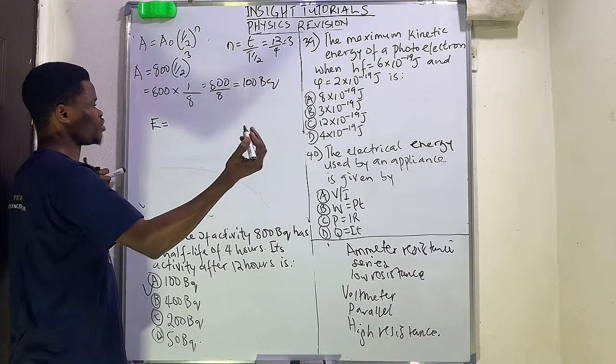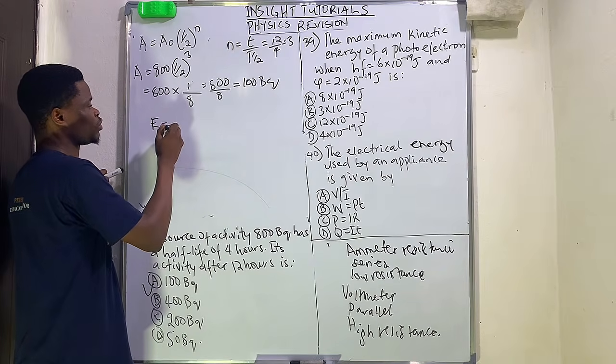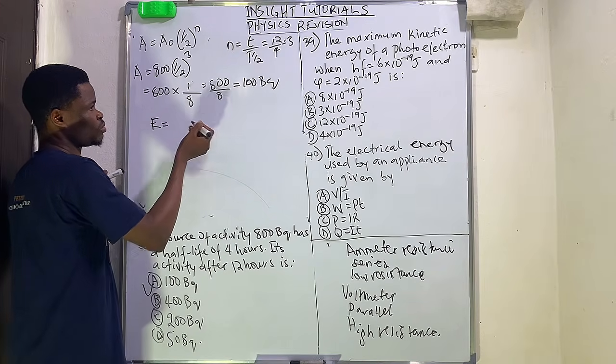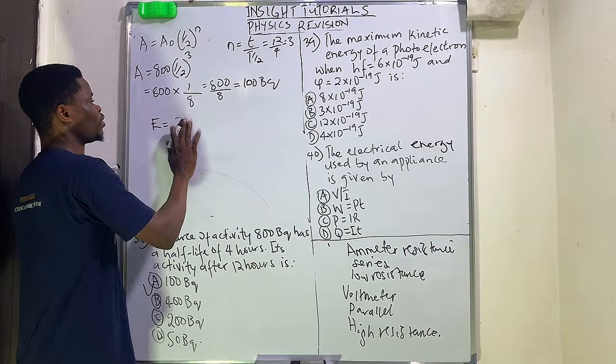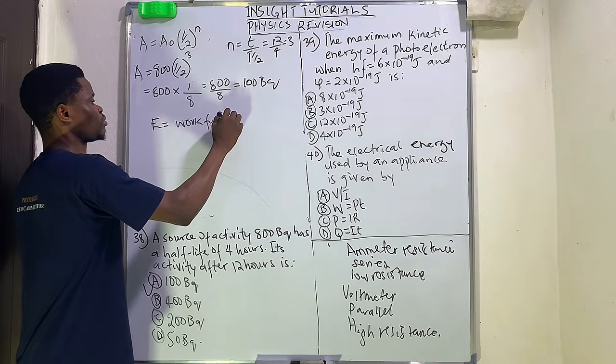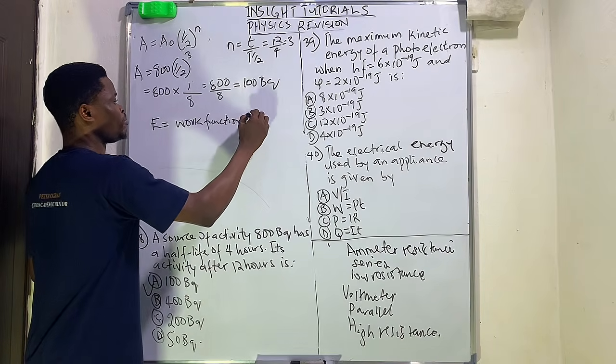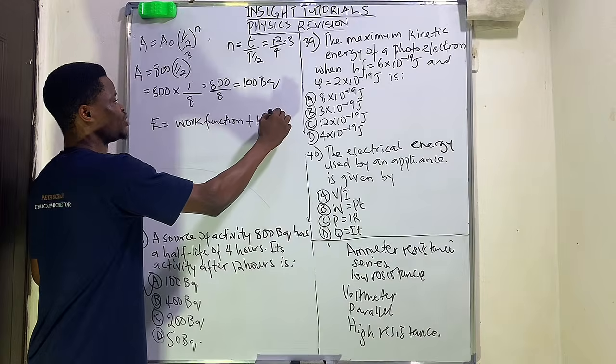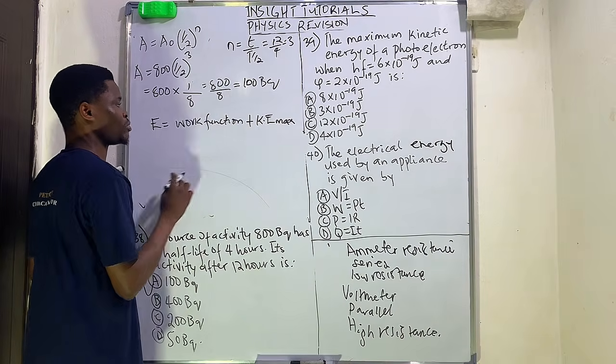It happens that we're going to solve it in this manner: the energy of a photon is equal to the work function plus the kinetic energy at its maximum. All right.